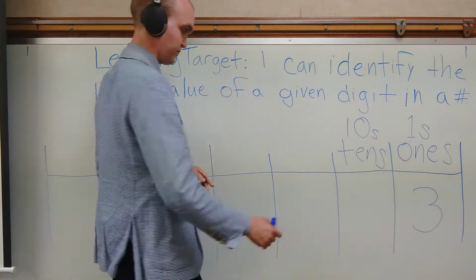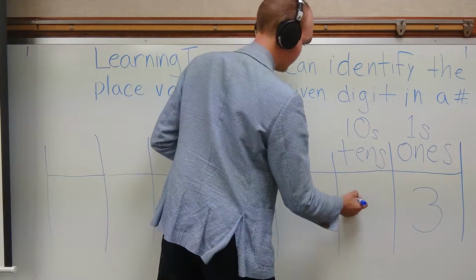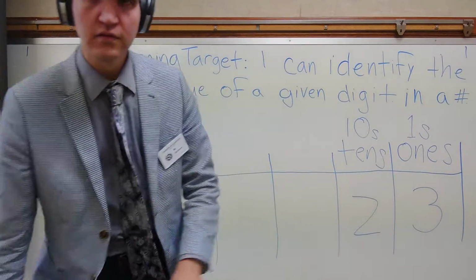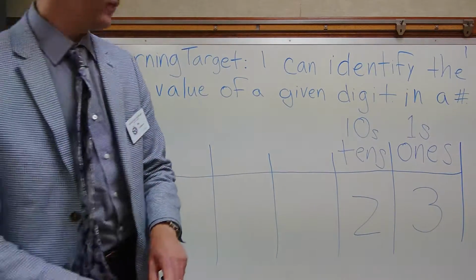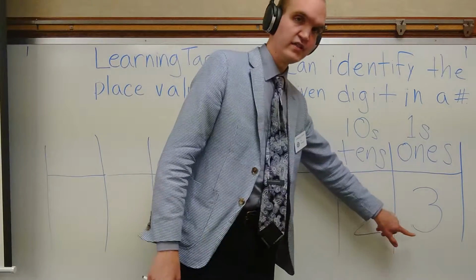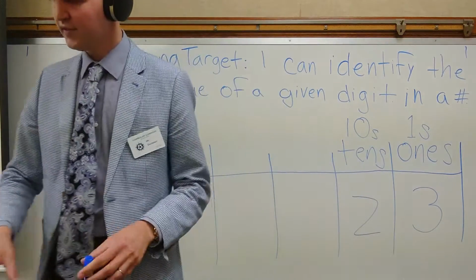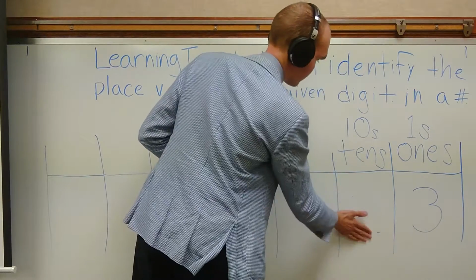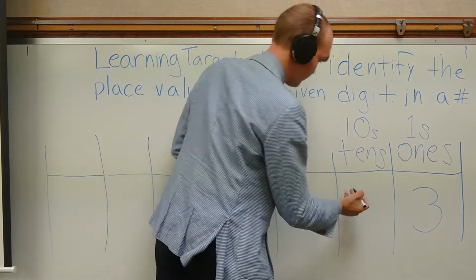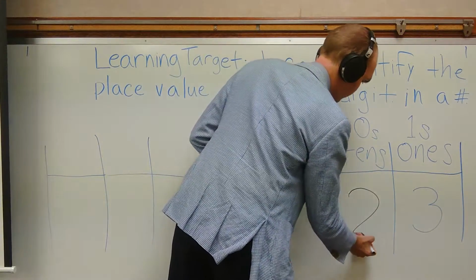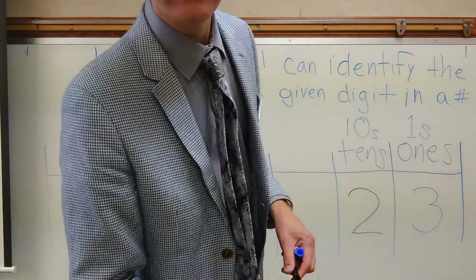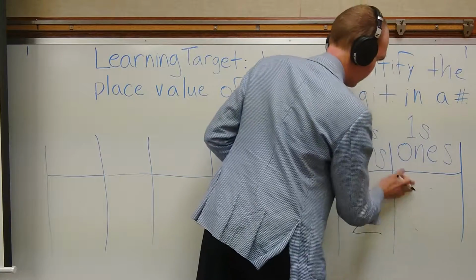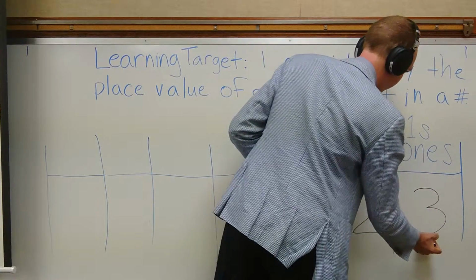So if I put a 2 here, that means I have the number, let's see if that's visible there, 23. 23. When I start writing in black here, see if that's a little more visible on my video. Oh yeah, that's a little better.